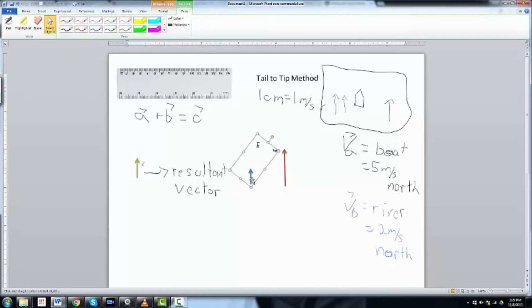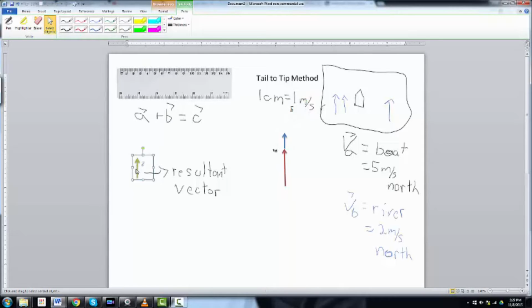So what I'm going to do is I'm going to take the tail of my second vector, or B, it's the second one in line, and I'm going to put it to the tip of the first. So if I just add it there, I add those two vectors together, and that's going to give me my C vector.